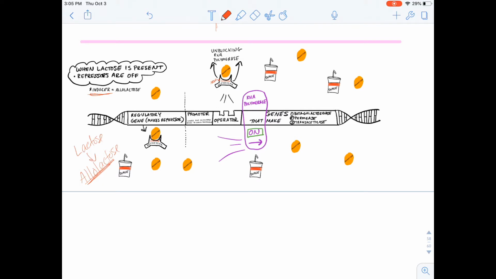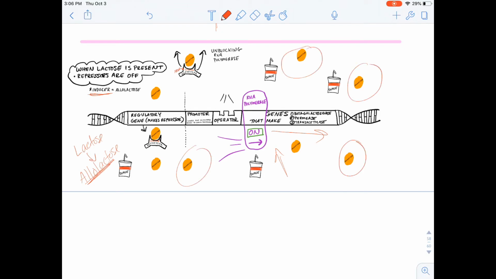And when it makes it inactive, then it no longer fits inside of the operator. It gets removed. And once it's removed, well, look who's free now. It's the RNA polymerase. And now it can go across and it can start expressing this gene and making the enzymes to break down all of these lactoses.